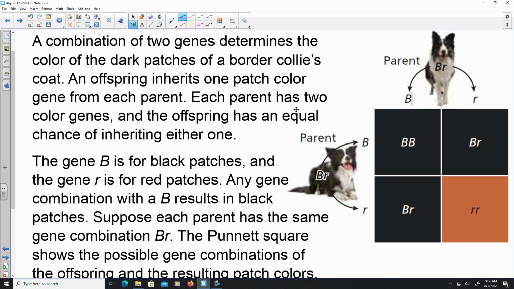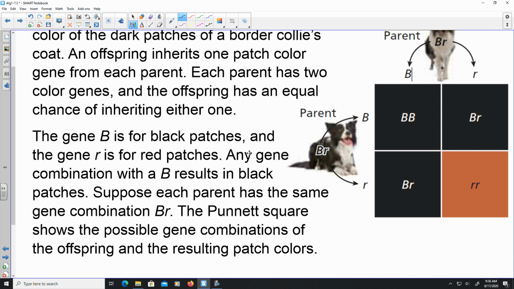Each parent has two color genes, and the offspring has an equal chance of inheriting either one. So here it says the gene B is for black patches and the gene R is for red patches. Any gene combination with a B results in black patches. Suppose each parent has the same gene combination BR.